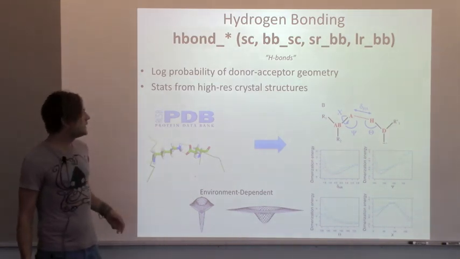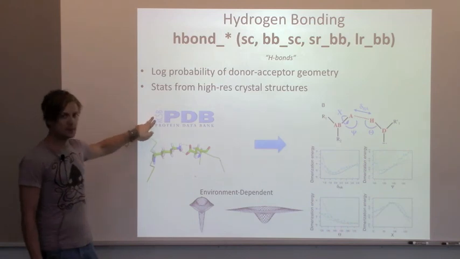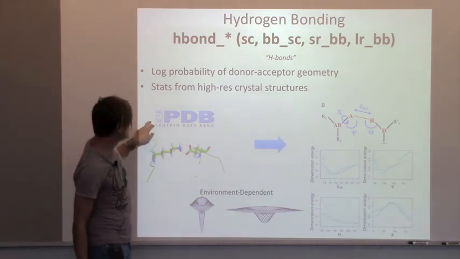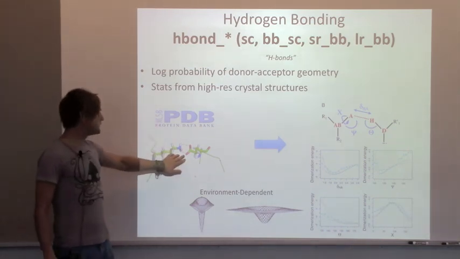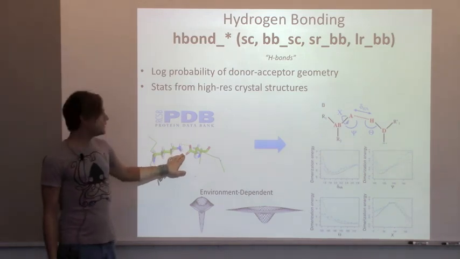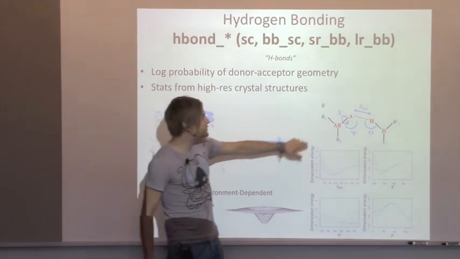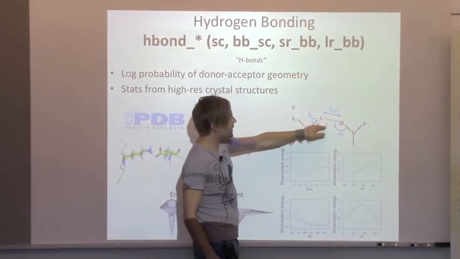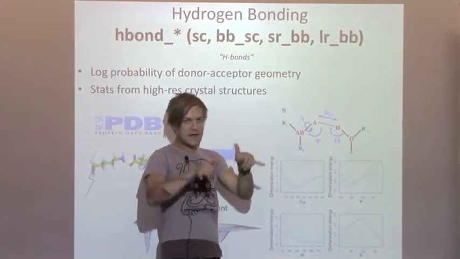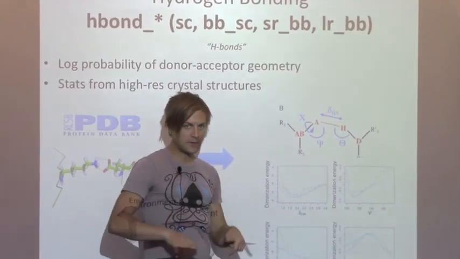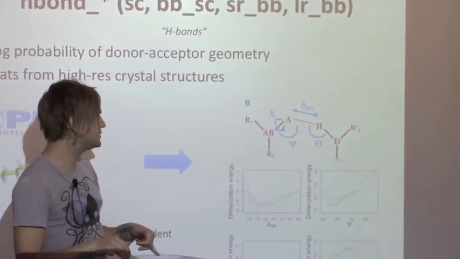All you do is go to the Protein Data Bank where you have a whole bunch of high-resolution crystal structures, and pull out a bunch of things that you've annotated already that to your eye look like hydrogen bonds. From those you can derive distances, relative torsions, and angles, just like Vikram was describing in torsional conformational space.